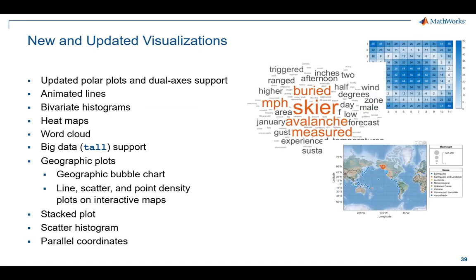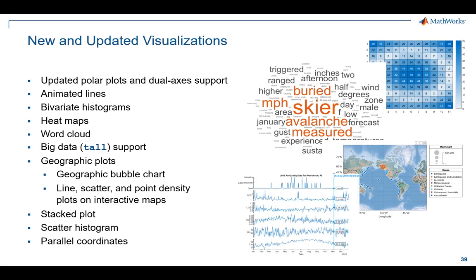There's been a few different and important updates in the visualization side. A couple of my favorites include in the top right things like heat maps. This can be a very powerful way to display or get your idea across. On the bottom left, we have a plot called a stacked plot. So in the past where you maybe created your own types of subplots with a bunch of different signals, now you can take timetables, use the stack plot function, and just plot a bunch of signals at once, really to get a sense of how are things going, how's it looking.